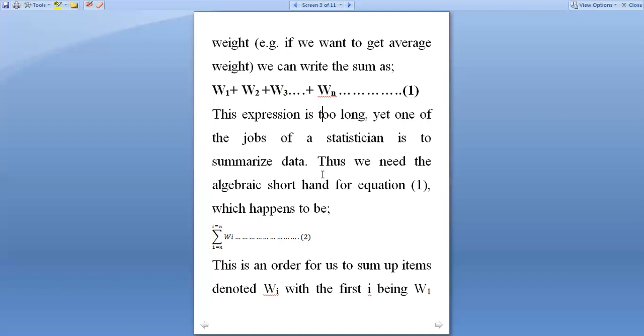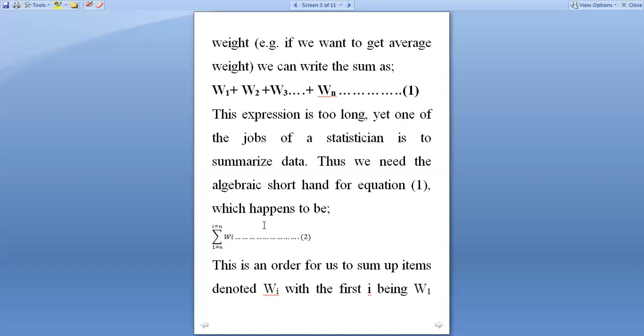We use an algebraic shorthand for equation 1, and we represent it with this equation you see here, summation of Wi, where i starts from 1 and reaches n.